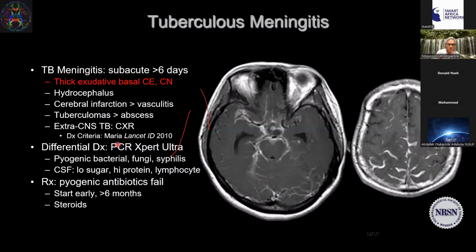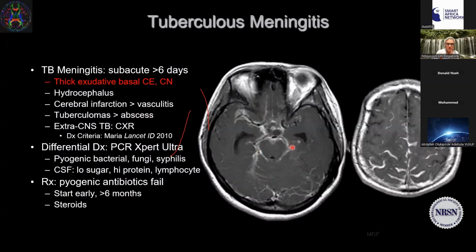And we should start treatment early, and it usually lasts for 6 months. And the patient very often will require steroids to stop the inflammatory complications that can give rise to all of the downstream bad effects of TB meningitis.